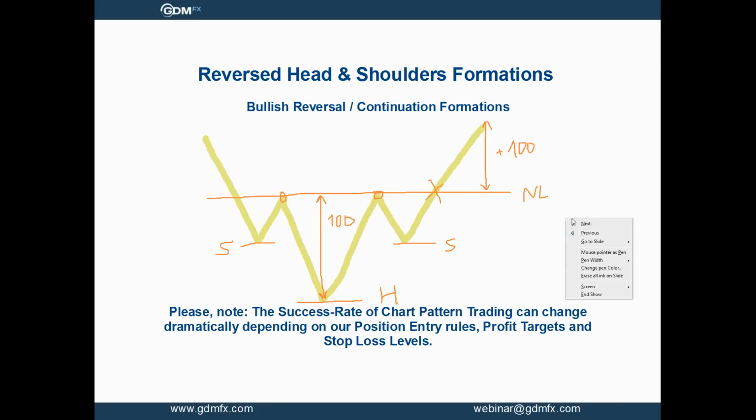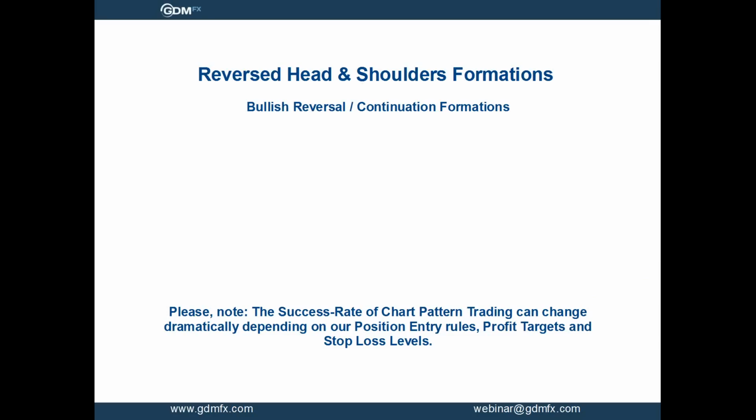Okay, there we go. Now there is also another way to decide upon your profit potential. It's a bit more conservative, I should say. Here is the same reversed head and shoulder. We have our left shoulder, our right shoulder, our head, and our neckline, connecting the highs between the two shoulders.